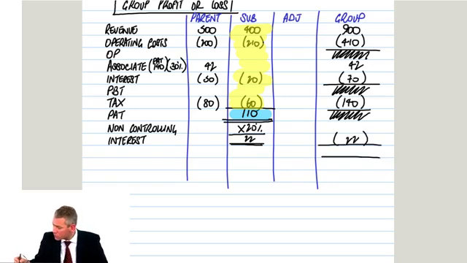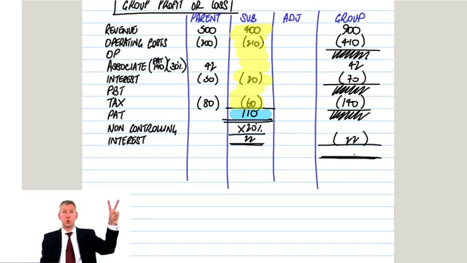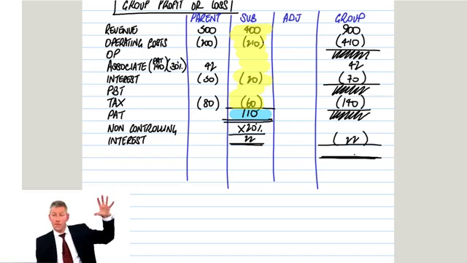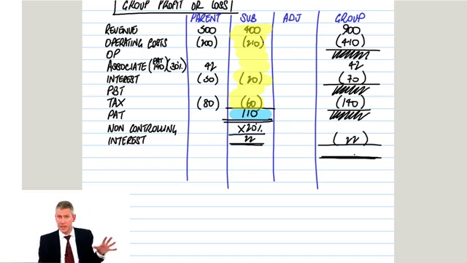It's worth 1 mark. It's actually worth 2 marks because there are 2 subsidiaries, and you get 1 mark each time that you do this. But there is no mark for actually getting the 22. The mark is for the process of adding down. Now, if you have a look at this question here, you will notice that the original profit on the original P&L is also 110, which makes you think there might be a shortcut there.